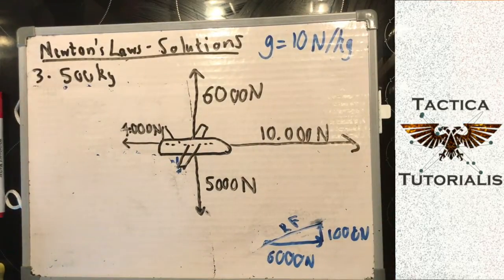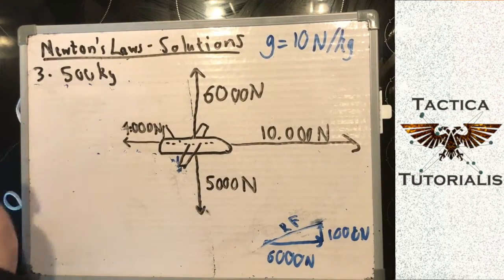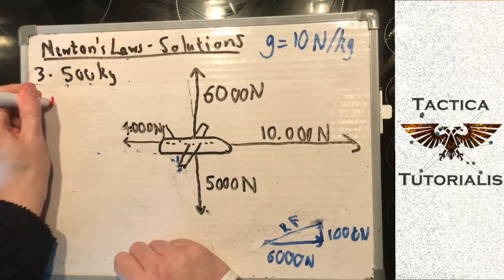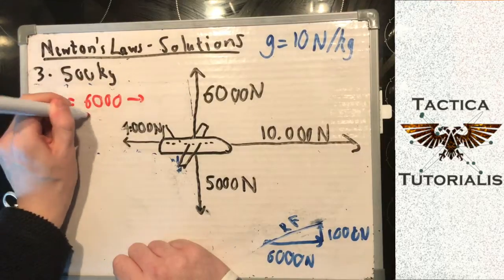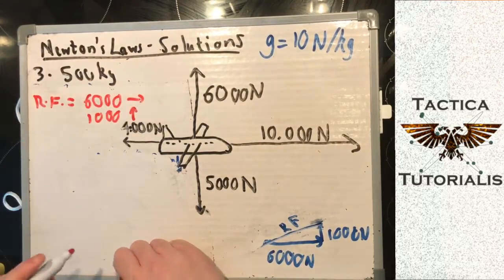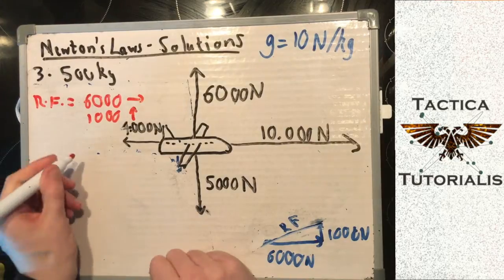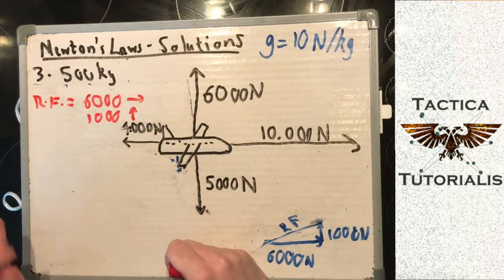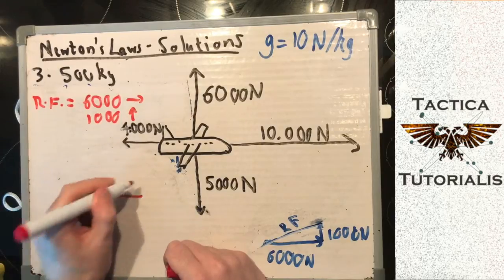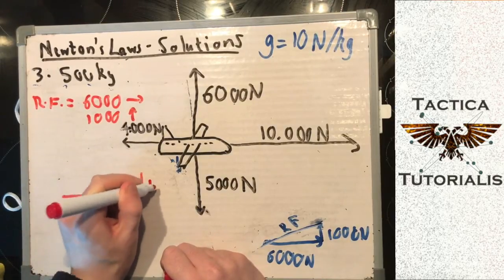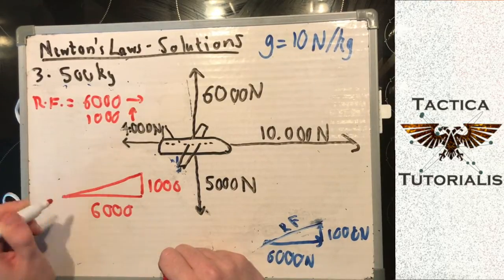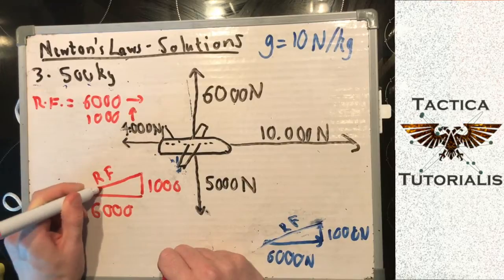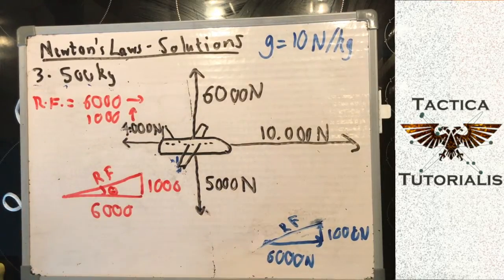So, we know, I'll do this in red now, sort of the doom colour, that our resultant force is 6,000 to the right and 1,000 up. And we've drawn that as our triangle down here, which I'm hopefully going to draw a bit more neatly. So, boom, boom, 1,000, 6,000, much better. Resultant force, and there's going to be an angle here, which I'm going to call theta.